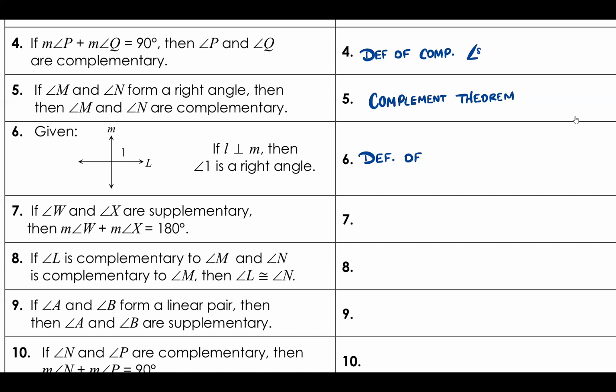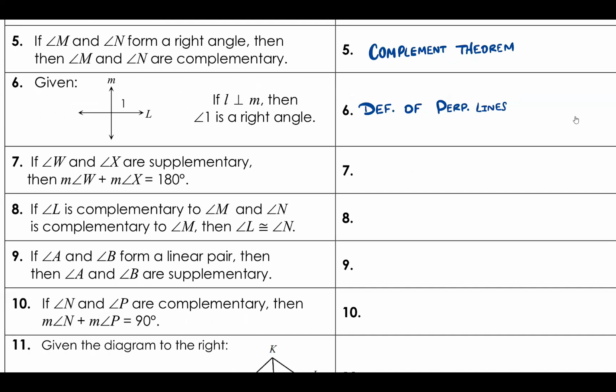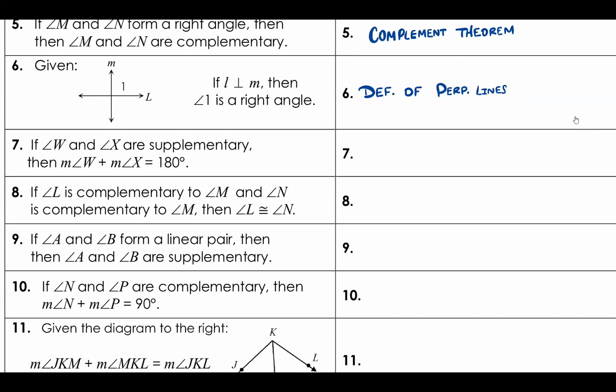This is one angle being formed. Definition of right angle is when an angle is right, it is 90. How do we know this is a right angle? Perpendicular lines form right angles. So we know this is a right angle because it is a perpendicular line. Most likely, yeah. It's a good clue.